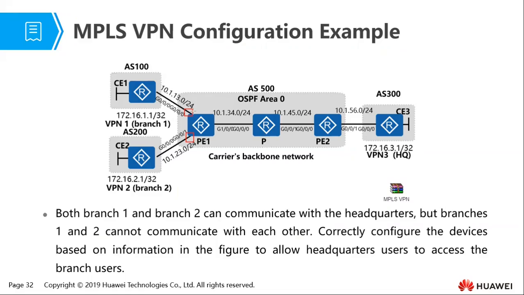Also, it's important to look at the numbering, the IP addresses. They're actually using different addresses, which is okay. If they use the same, it will still be okay. The IP addresses between the CE and the PE, you can see here we're using 2.3, here we're using 1.3. So let's just go ahead and see how this is done.